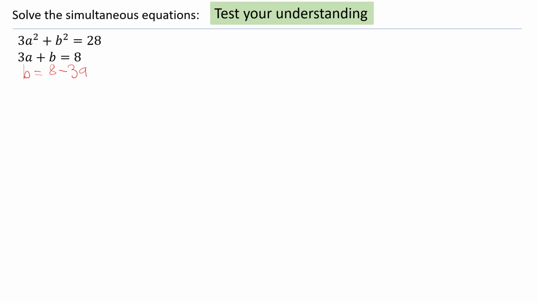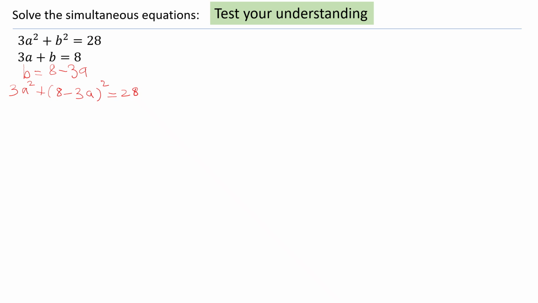So now I am going to substitute into the first equation: 3A squared plus (8 minus 3A) whole thing squared equals 28.